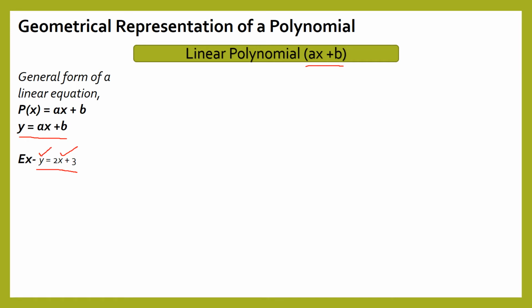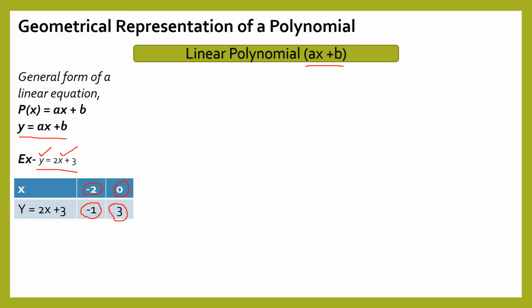So for different values of x, there will be respective values of y. So we can make a table like this, wherein we have taken a value of x and the corresponding value of y is written over here. Again, we have taken another value of x and the corresponding value of y is written here.